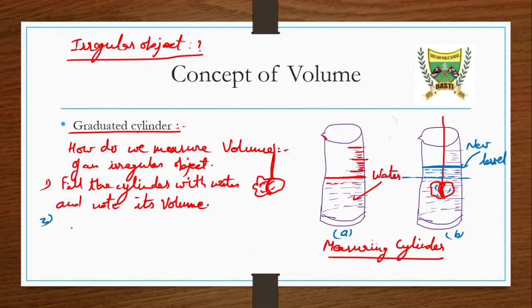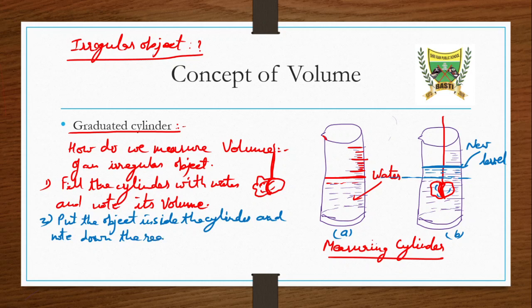So the second point is: put the object inside the cylinder and note down the reading of volume. Thus we got a new volume.